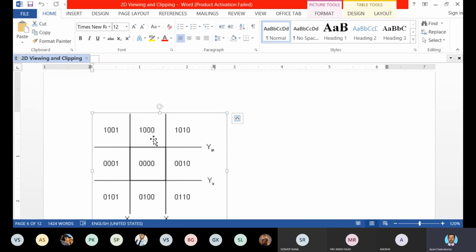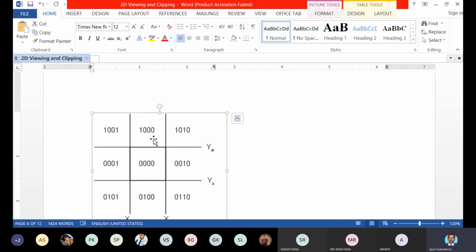The north region is not on the right side, so the second bit is also 0. The third bit will be 1 if the region is below the window. The north region is not below the window, so the third bit is also 0. And the fourth bit will be 1 if the region is above the window. The north region is above the window, it is true. So the fourth bit is 1. So the region code has been created: 1000.